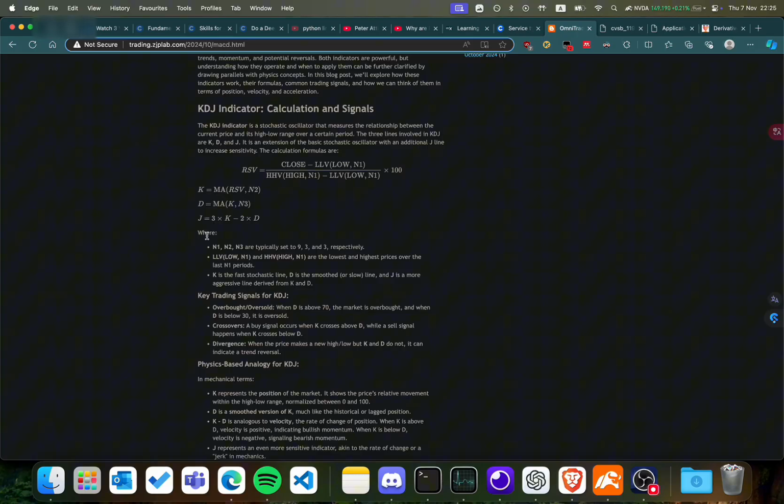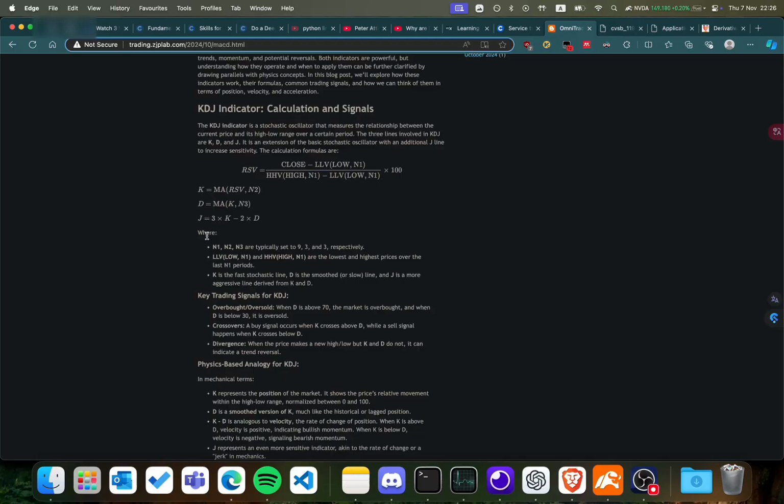In physics, sometimes you also have to do approximation. RSV is definitely good, but RSV only represents the stock price for today at the very best, and this stock price can be volatile.